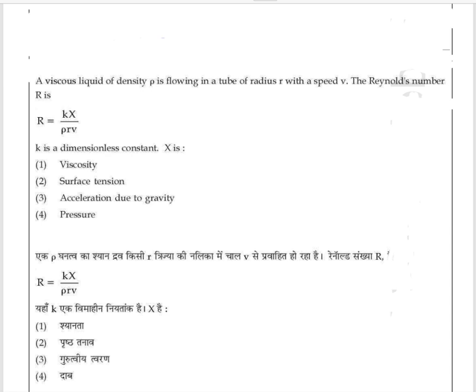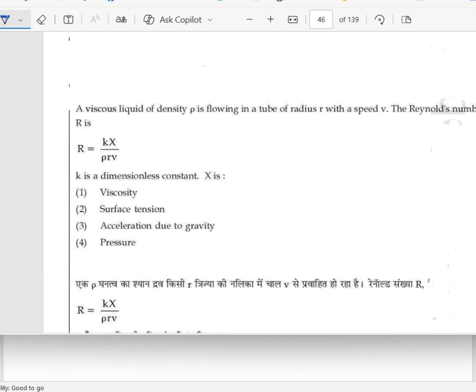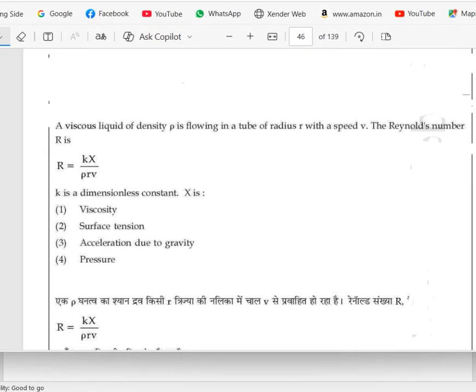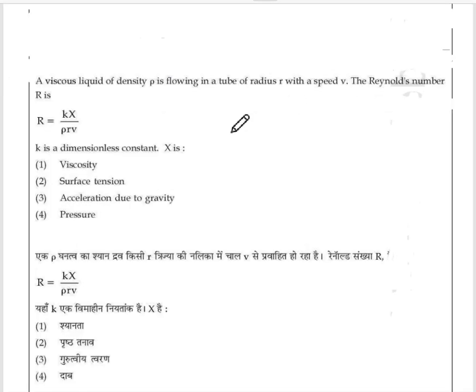If you remember the definition of the Reynolds number, it is written in the form R equal to rho D v by eta, where D is the diameter of the tube.